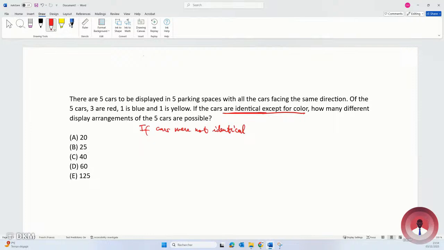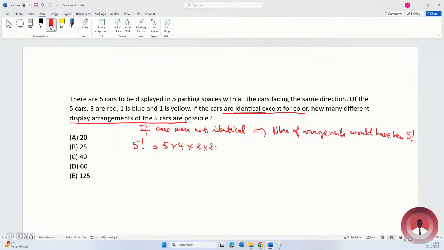Since we have 5 cars and we are looking for the number of display arrangements of the 5 cars, the number of arrangements would have been 5 factorial. Okay, so the number of cars. So 5 factorial, which is equal to 5 times 4 times 3 times 2 times 1.